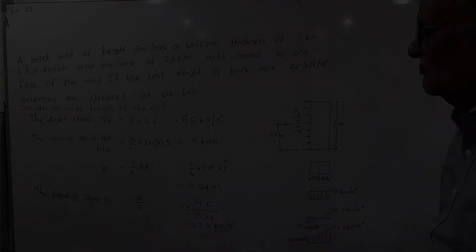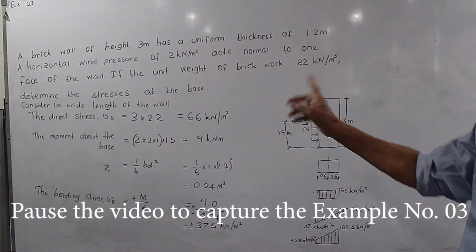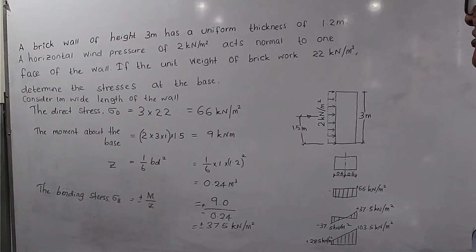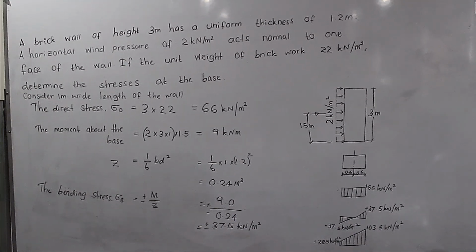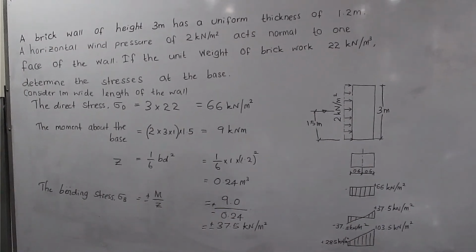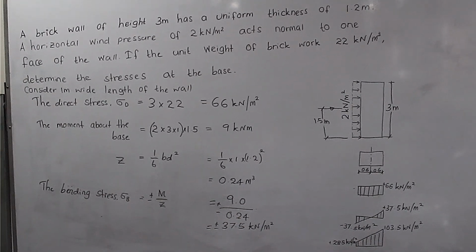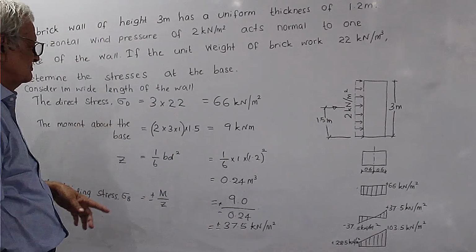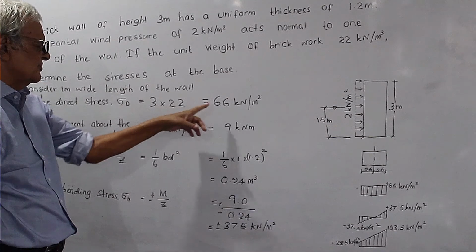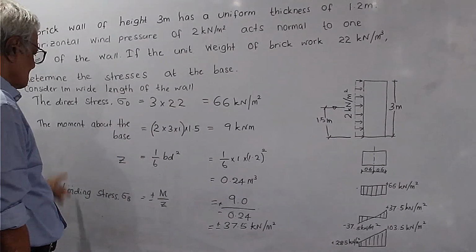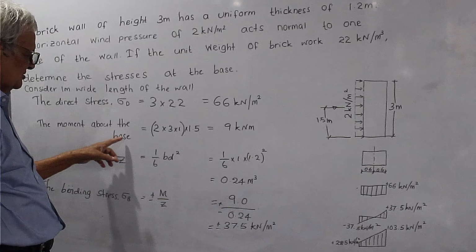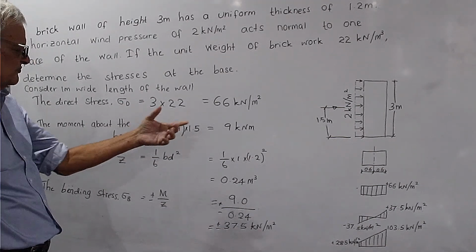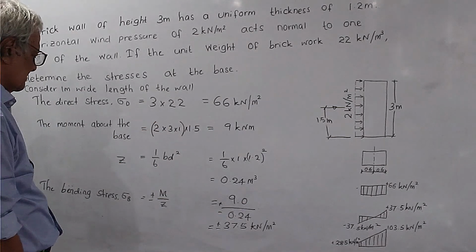Now, example 3 is given on the board, where a uniform wind pressure is acting normal to one face of a brick wall. The direct stress sigma D equals 3 into 22 equals 66. The moment above the base equals 2 into 3 into 1 into 1.5 equals 9 kilonewton meters.